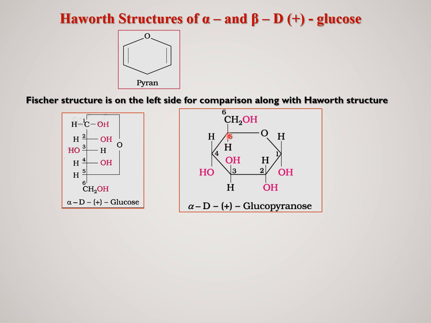Coming to carbon 5, it has got a hydrogen and a CH2OH group attached to it. If you will observe, hydrogen and CH2OH. The bulky group CH2OH, the sixth carbon atom, is placed above the plane here, and H is placed below the plane. So thus we get the structure of alpha D plus glucopyranose.